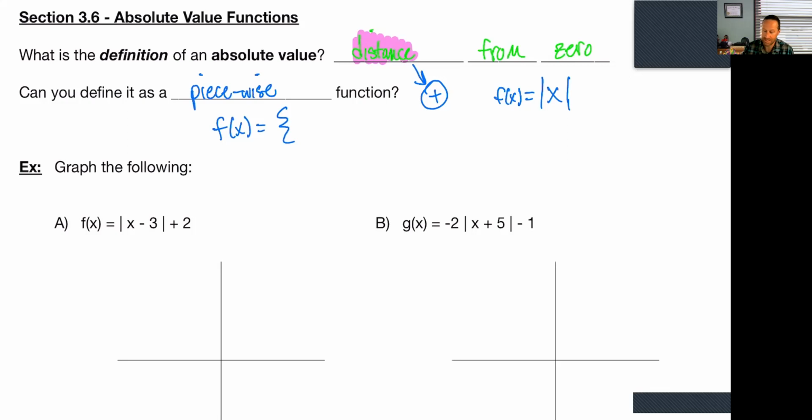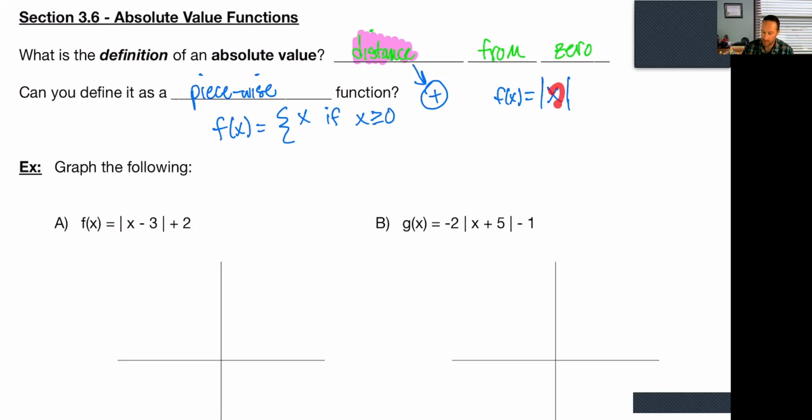We know that if we stick in anything positive, the distance from 0 is going to be that same value. So we write x is what our y would be equal to, our function, if x is greater than or equal to 0.